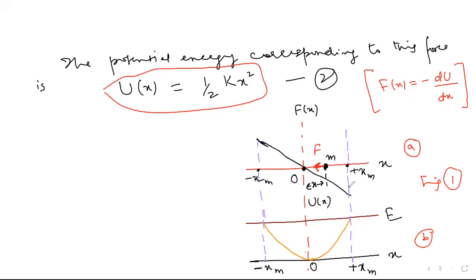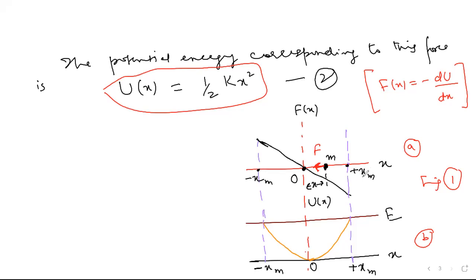Then what is plus xm and minus xm? These are two extreme positions. Plus xm is the maximum displacement on positive side, and minus xm is the maximum displacement of the oscillator on negative side of x-axis. So oscillator moves along the x-axis between extreme positions minus xm and plus xm, right?